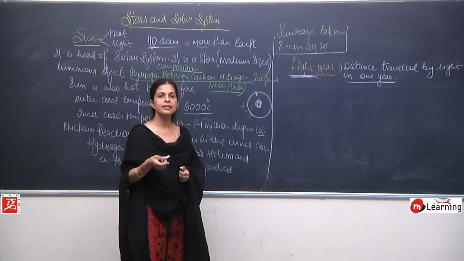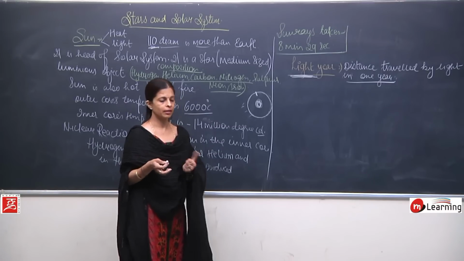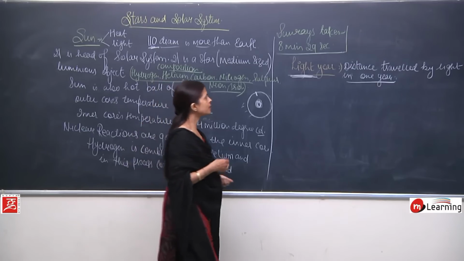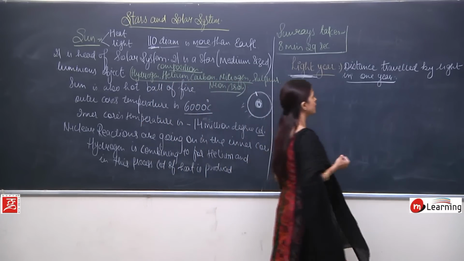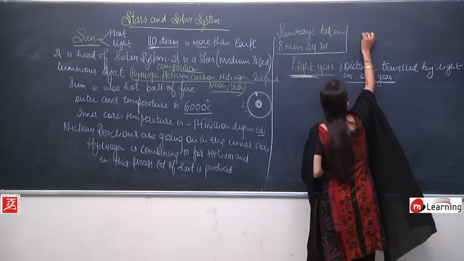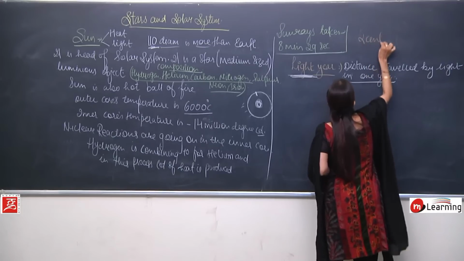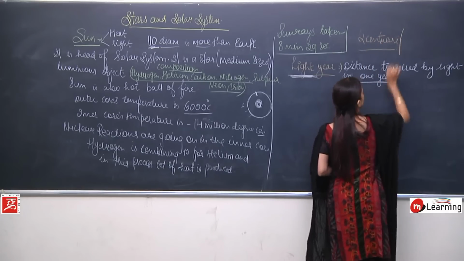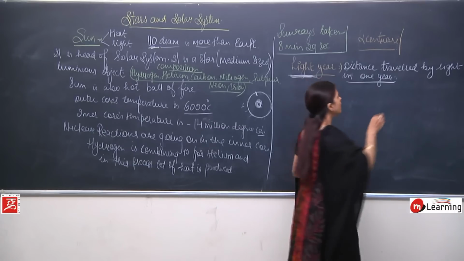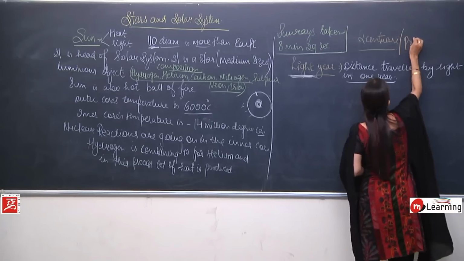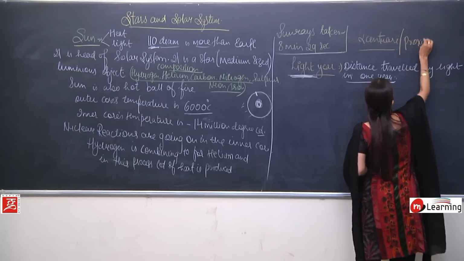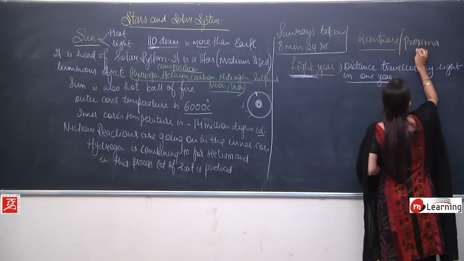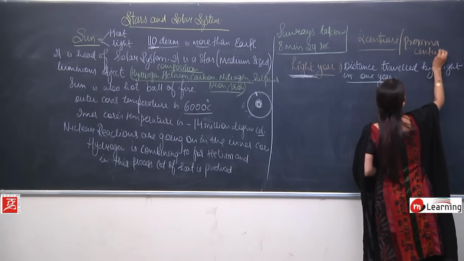I am saying again, the sun is the nearest one. Now after the sun, the one which is very near to us is Alpha Centauri, and Proxima Centauri.